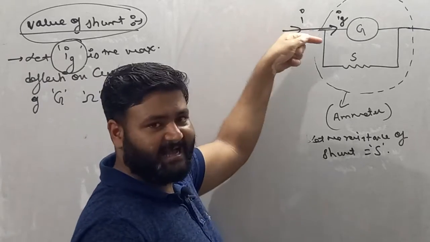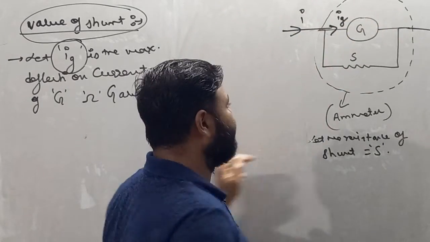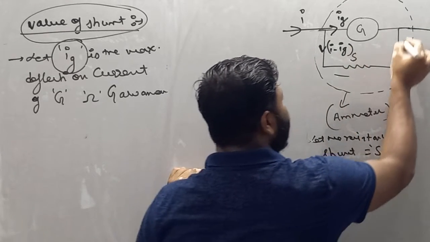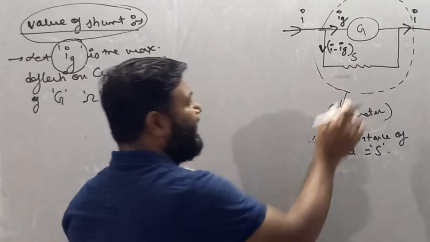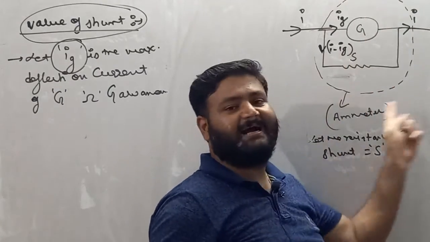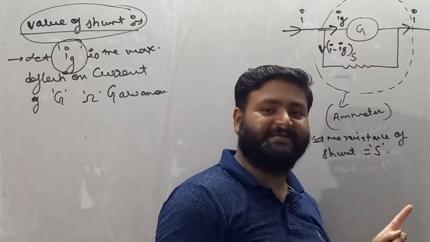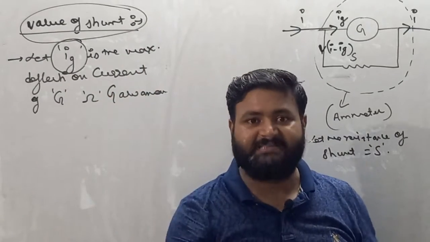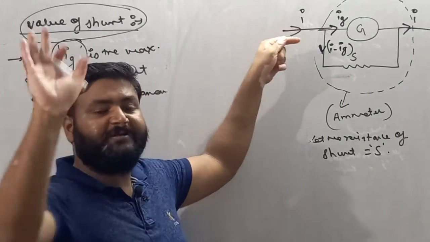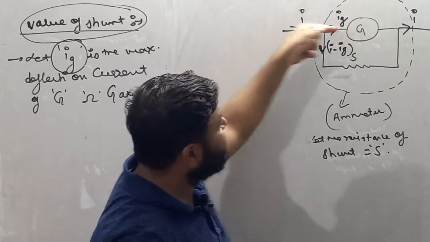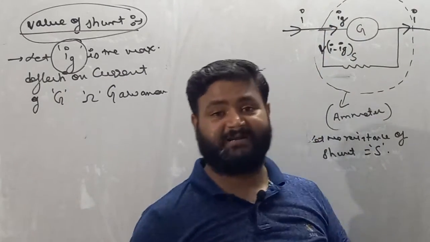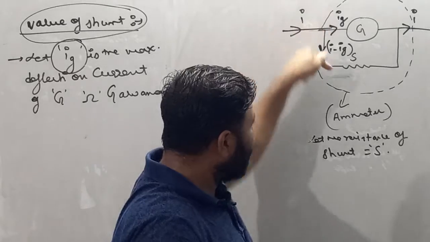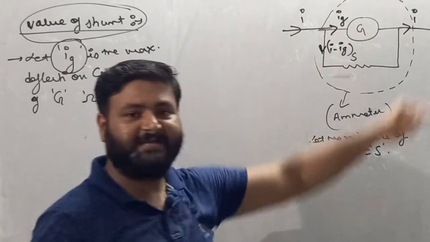So input current is I, Ig will go in the galvanometer, and the rest of the current, that is I minus Ig, can move through the shunt, and again the current becomes I.